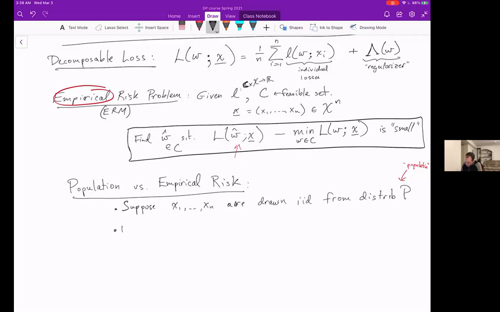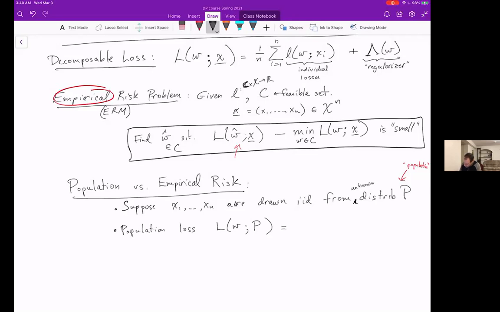And then once we suppose this, even if we don't know this distribution, one can posit that it exists, and you can still define a population level loss. So you can define the population loss, which I'll call the loss of W at P rather than at the data set.